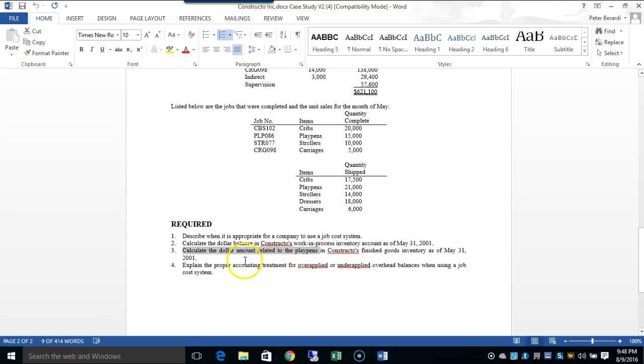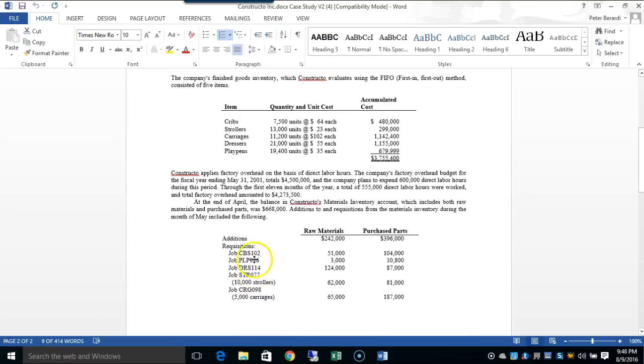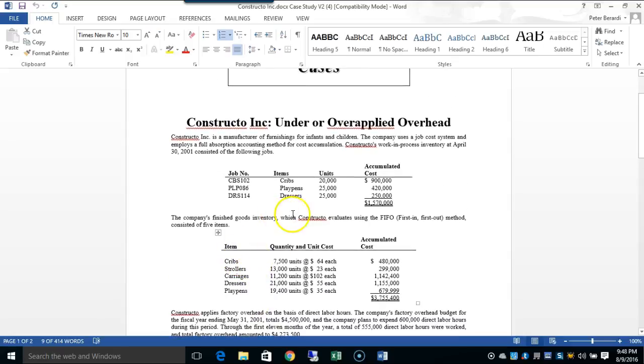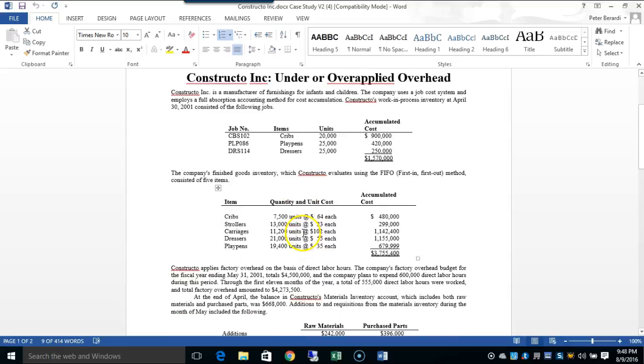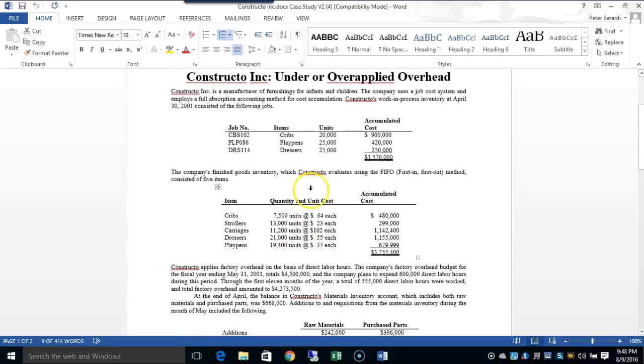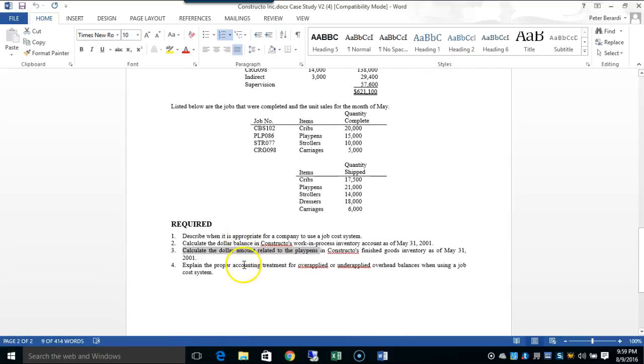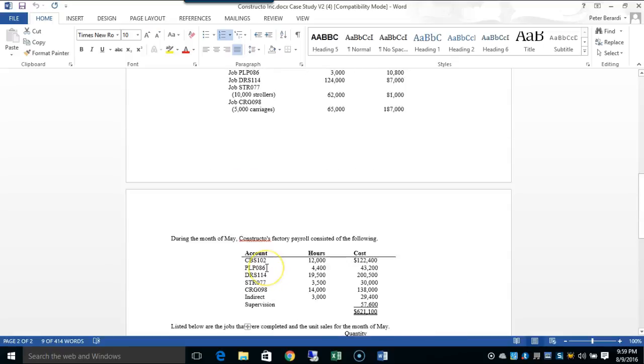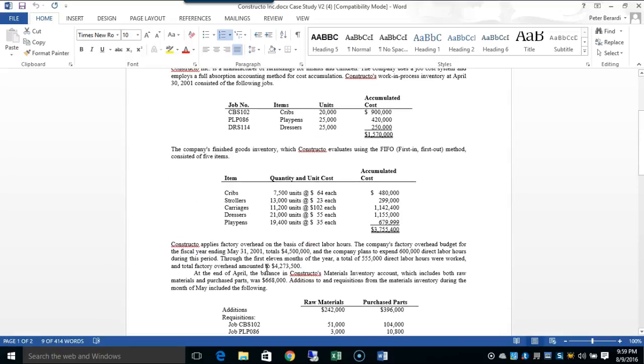Again, the finished goods, basically what you want to do is run your T accounts with Playpens. So now to solve the Playpens, essentially what you want to do is figure out the unit flow first.